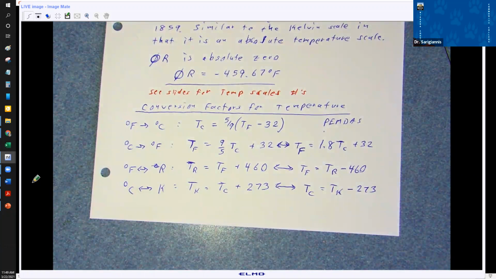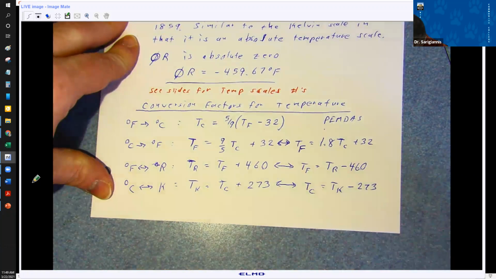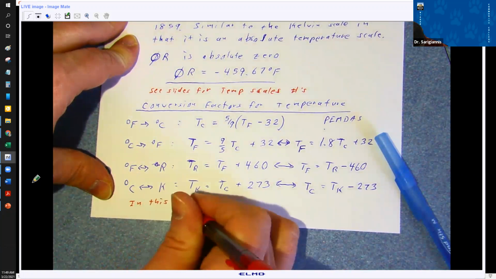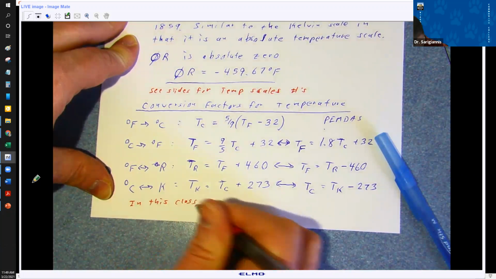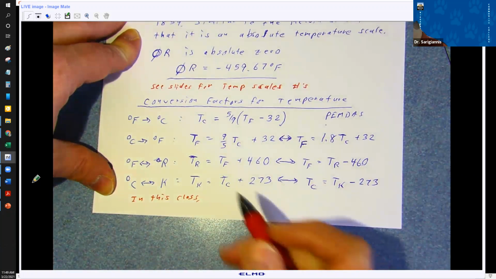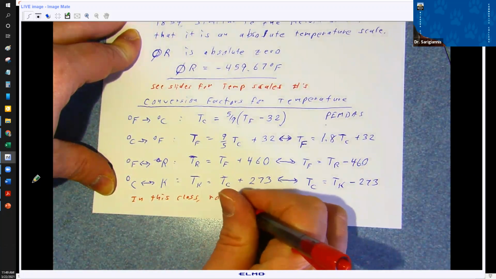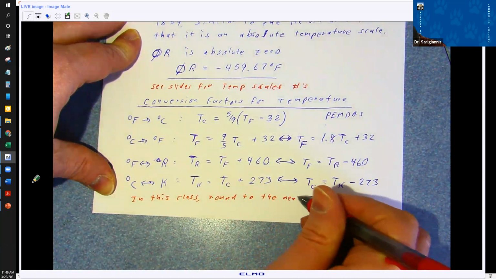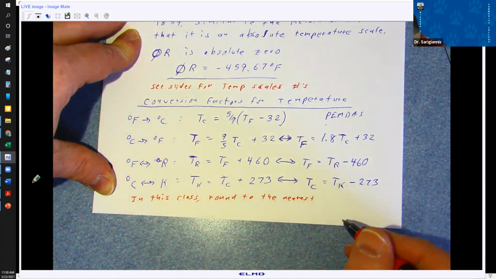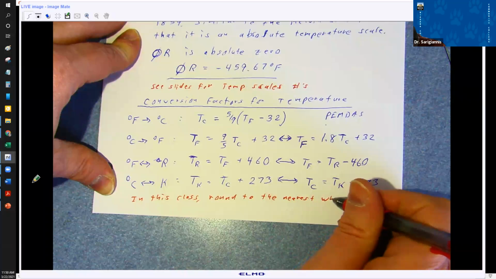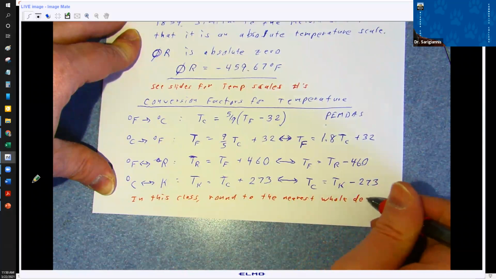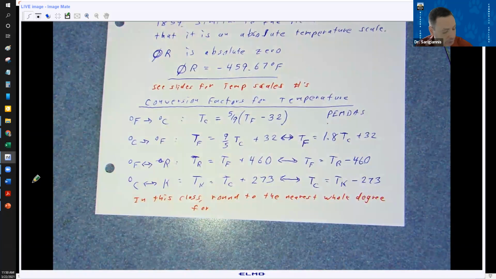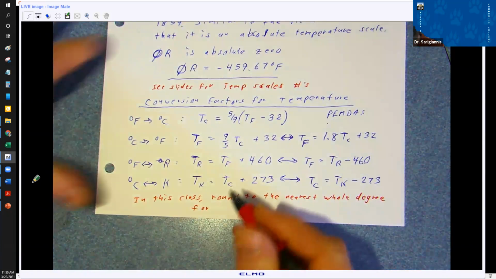I'll write this in red. So in this class, round to the nearest whole degree for, hold on, let me turn my alarm off.